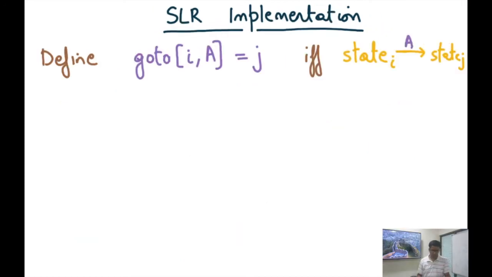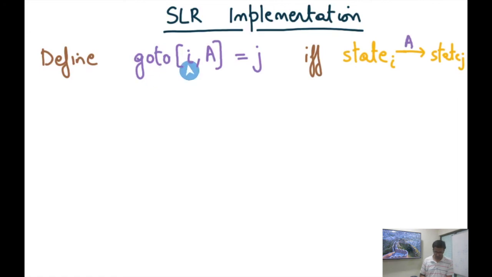Okay, so we are going to implement the SLR algorithm. We are going to define an array to represent the NFA, or in fact we are implementing a DFA. So we're going to represent that if I am in state I and I consume a character A, then I reach state J in the DFA. Now to represent this, I'm going to just define an array, which is the goto array.